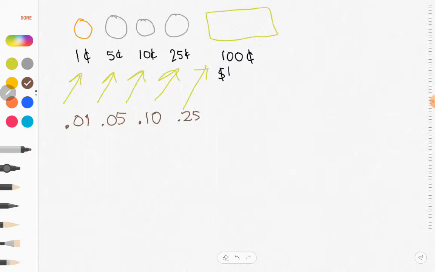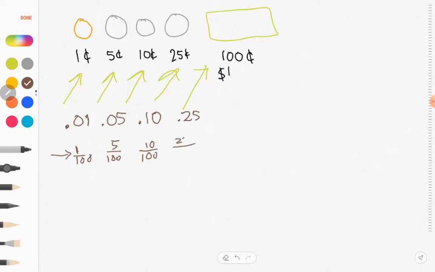25/100ths. If I wanted to also write these in fractions, it would be 1/100, because it takes one penny 100 times to make a dollar. And this would be 5/100ths. This would be 10/100ths.